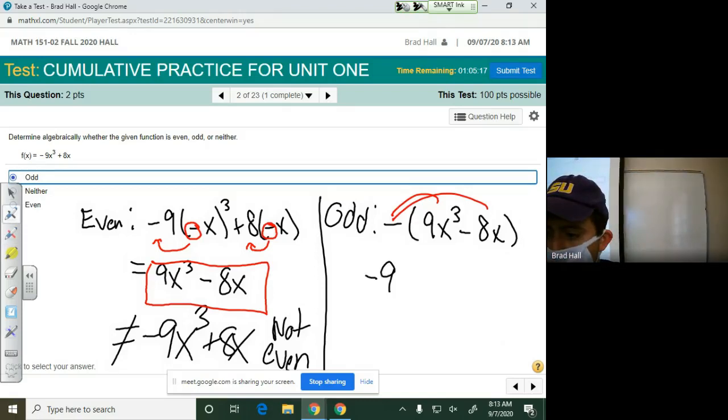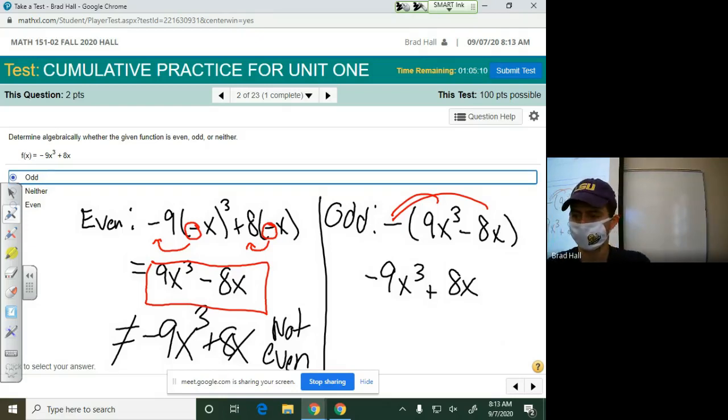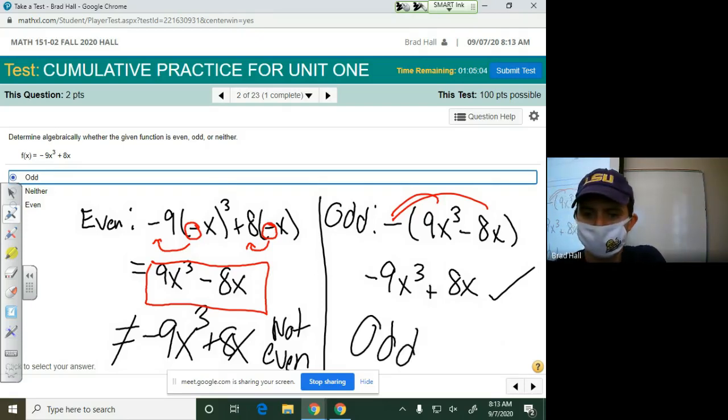We just get negative 9x cubed plus 8x, which does match the original function. So it's odd. So that's two ways of determining it.